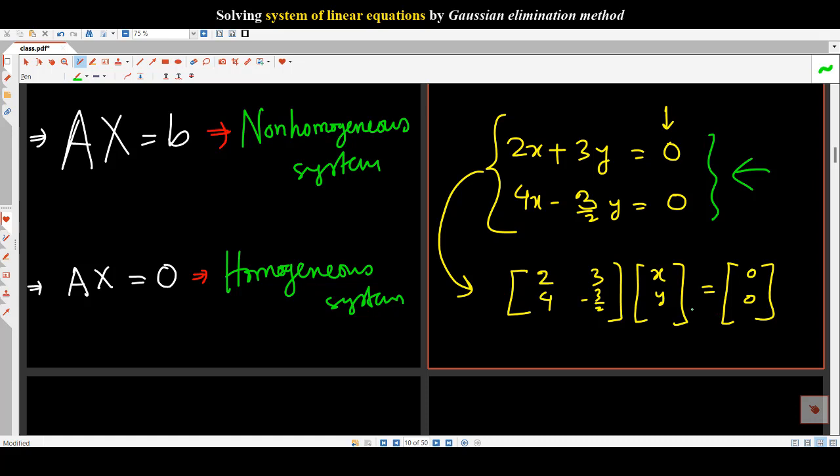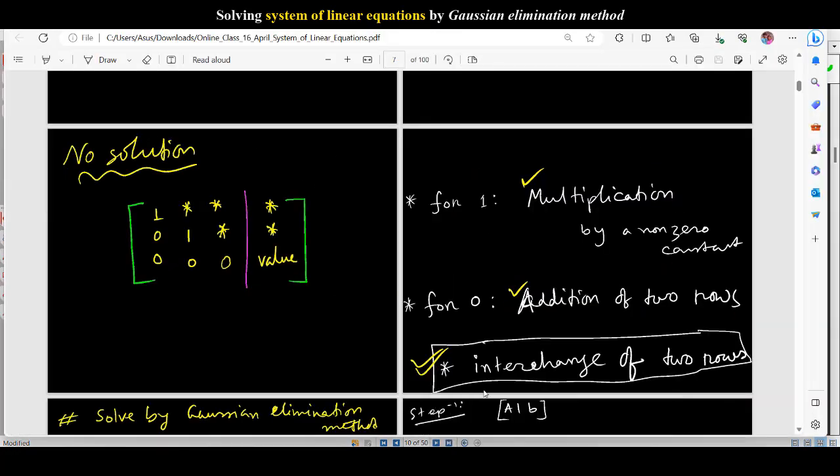And that is the important part, because we are going to learn a new technique, that is Gaussian elimination technique. So in Gaussian elimination technique, always you have to convert any system to matrix form. Have a look.